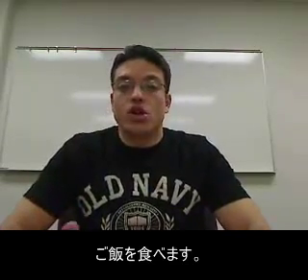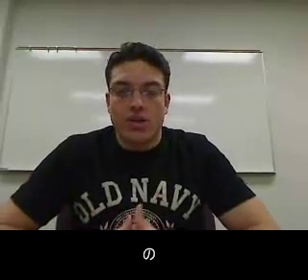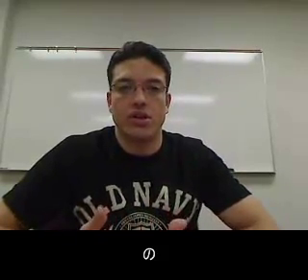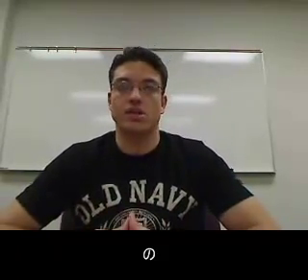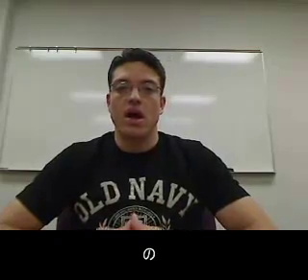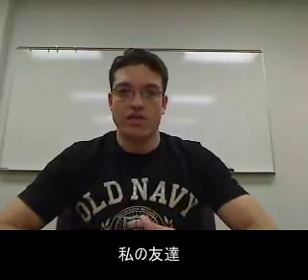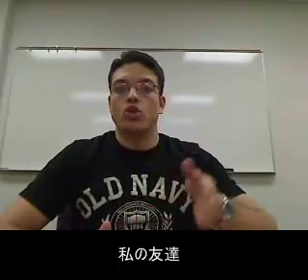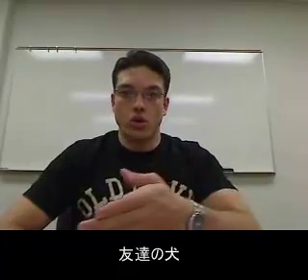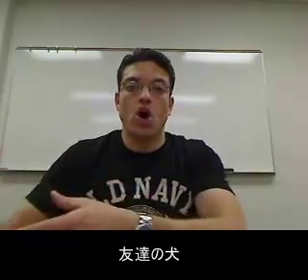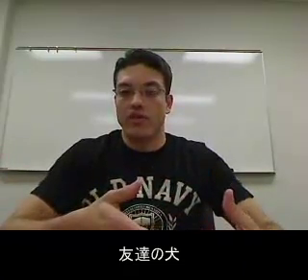The third one is no. No determines the possessive when attached to a word. It can be used either with a pronoun or a noun. For example, if I say, "Watashi no tomodachi," it's my friend. If I say, "Tomodachi no inu," the dog of my friend.